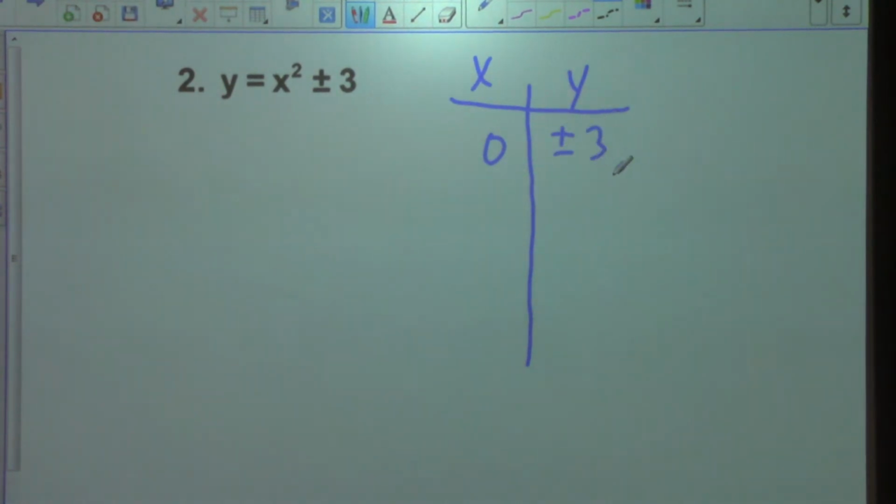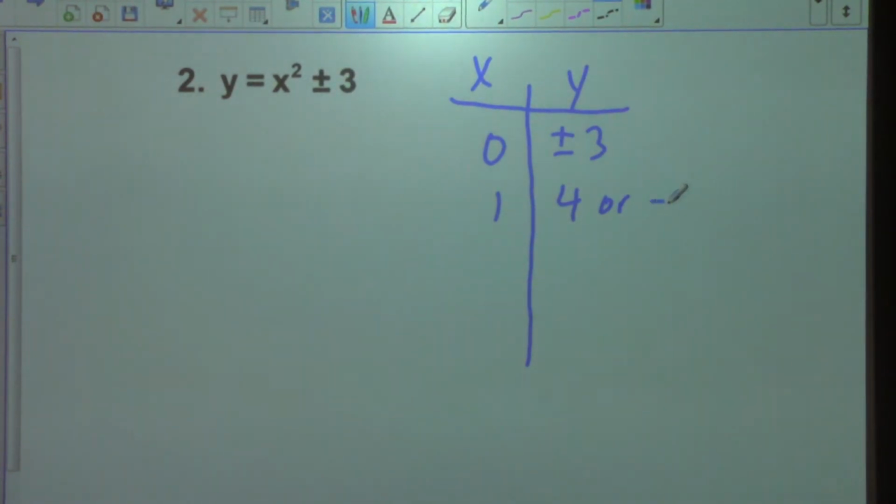If we plug in 1, what's 1 squared plus 3? 4. Or what's 1 squared minus 3?